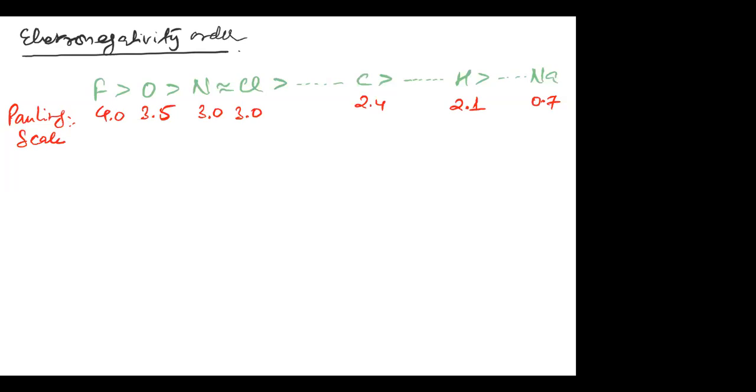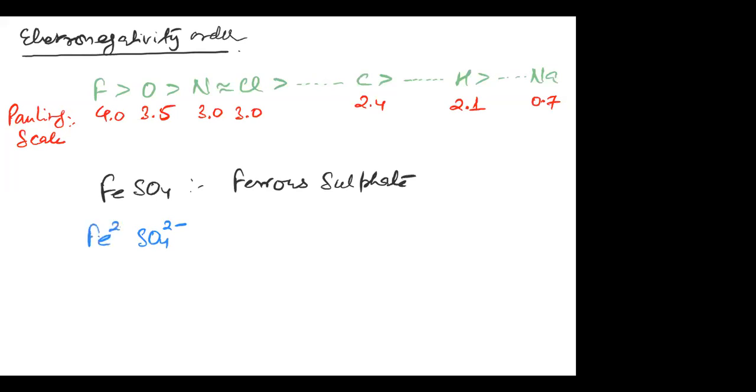Similarly, suppose we have the compound FeSO4. The compound is ferrous sulfate. And how do we know it is ferrous sulfate? Since in the case of sulfate, we have a -2 charge here, so iron has to be +2.